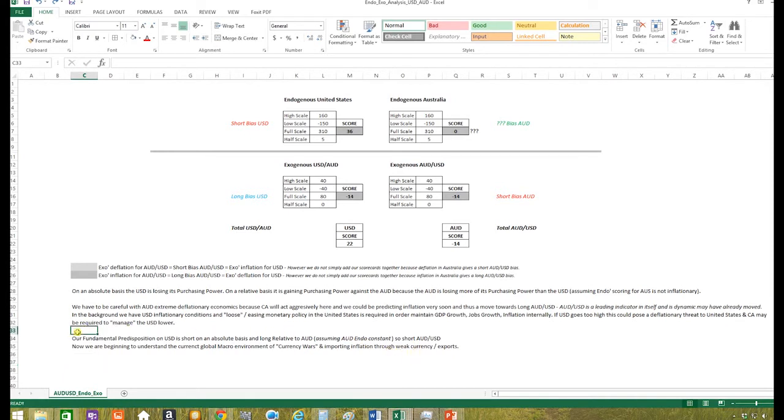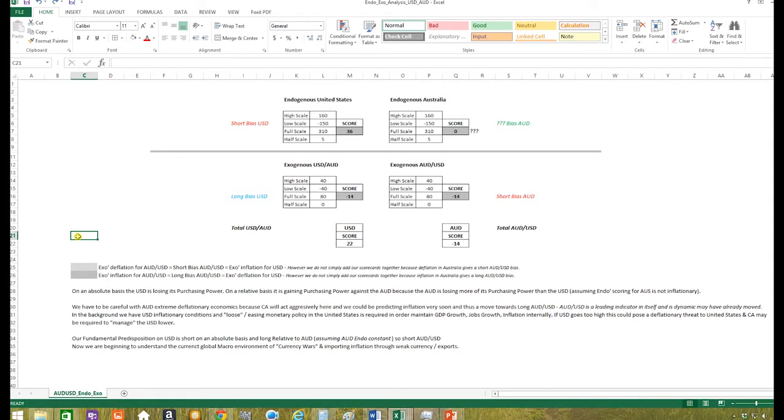So in the background overall, we have US dollar inflationary conditions, and loose or easing monetary policy in the United States is going to be required in order to maintain GDP growth, jobs growth, and inflation internally.